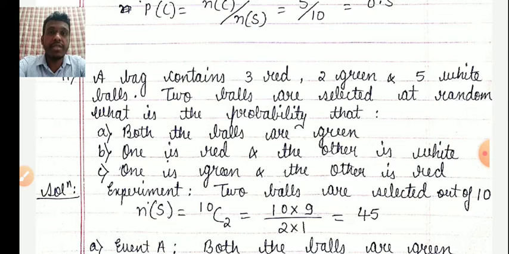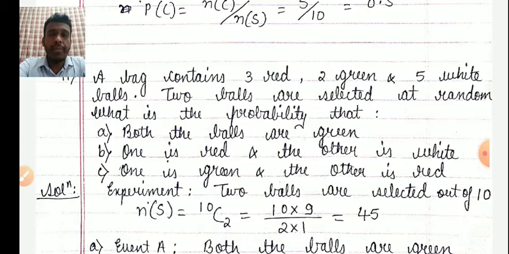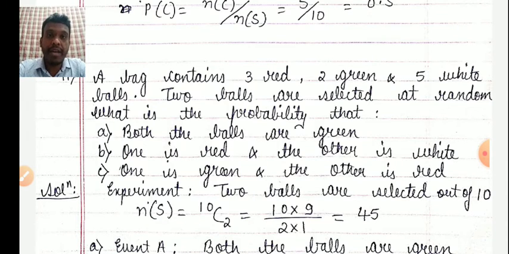Here the number of items in the sample space is not equal to 10. Had it been a case where you are picking up only one ball at a time, then the sample space would have been 10, but now you're selecting 2 at a time. So combination you have to use, you will have different combinations.